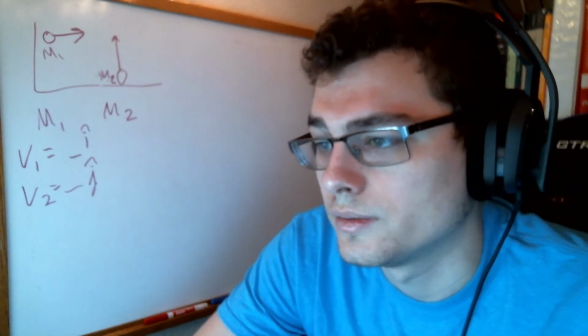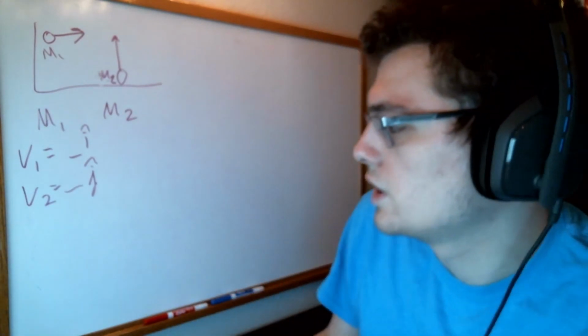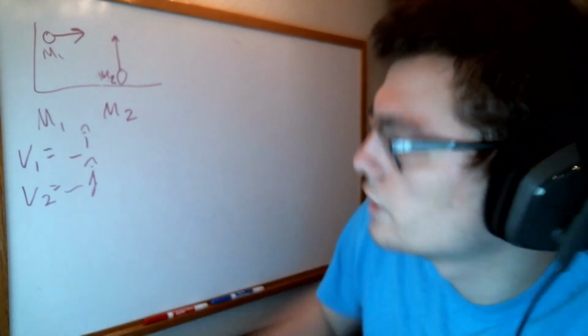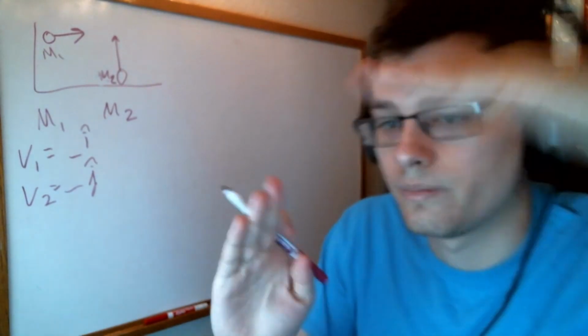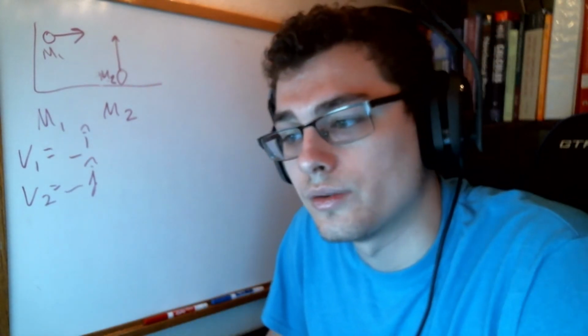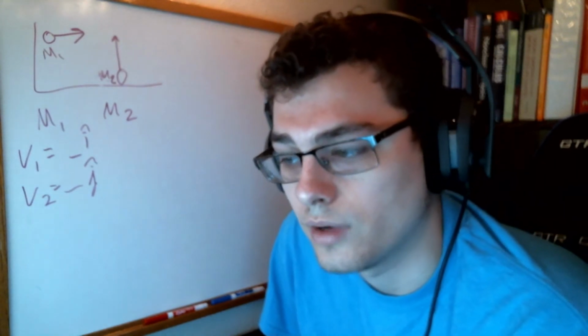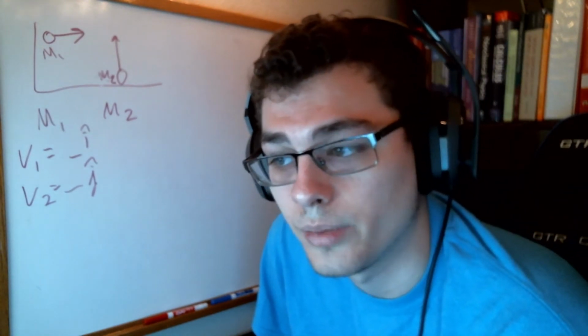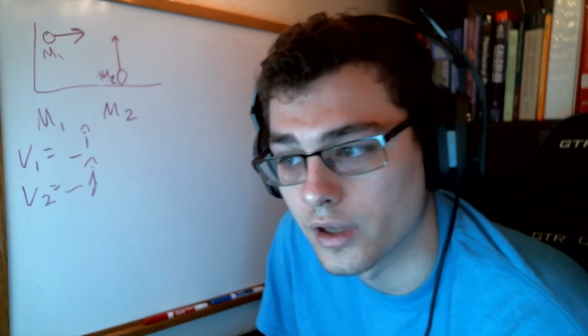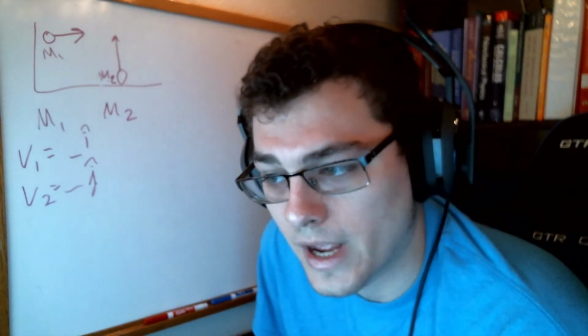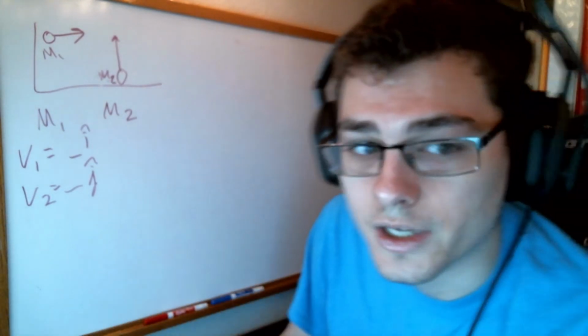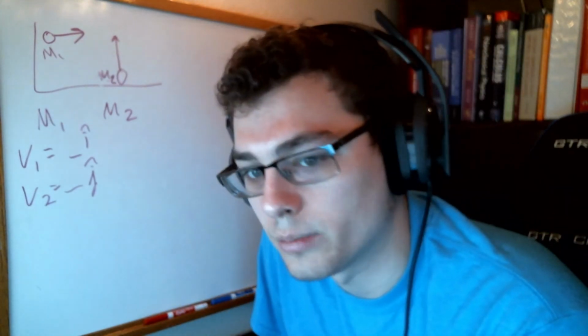Okay, so originally, what's going to end up happening is these two are perpendicular to each other, so the momentums are just going to end up adding, but there is not going to be a component of the other mass. So M2 doesn't have an x component while M1 doesn't have a y component.